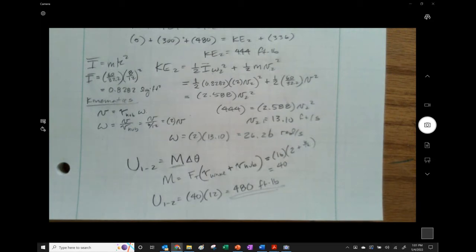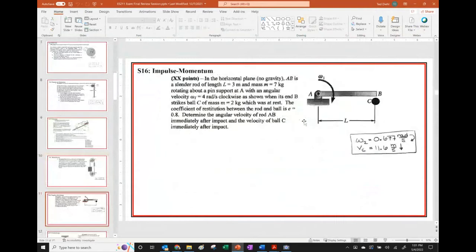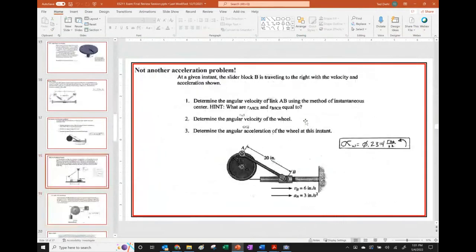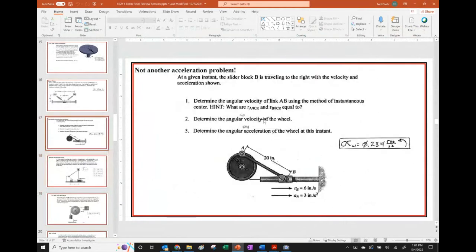All right, so let's see. Can we do one acceleration of rigid body review? I have this guy right here, and we hadn't done one like this too often where it was actually the slider that was moving.